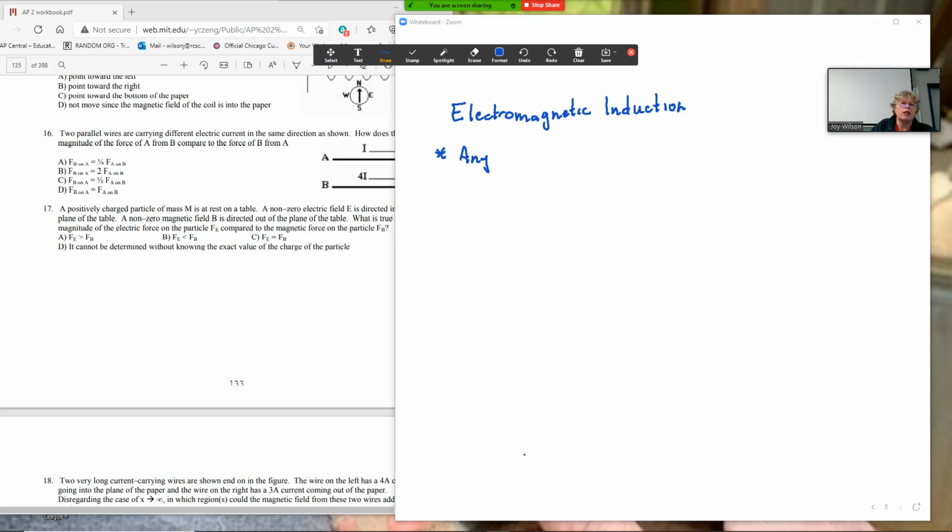Any changing electric field produces a magnetic field.